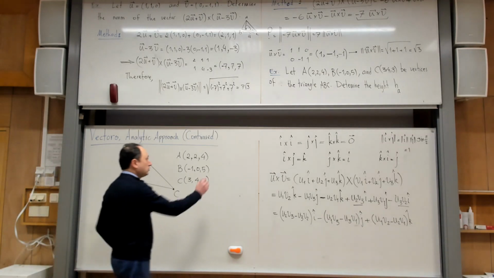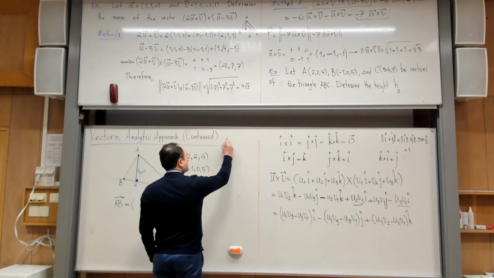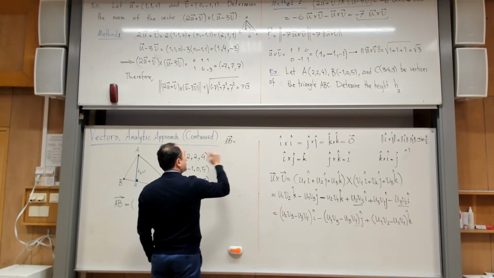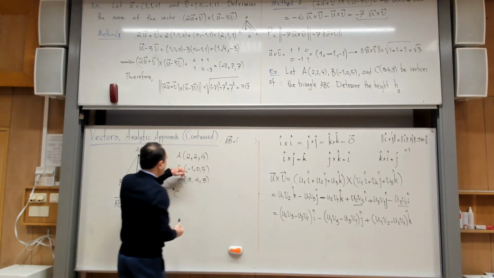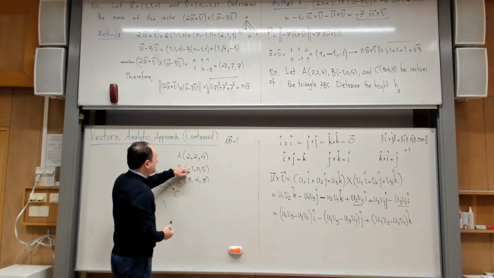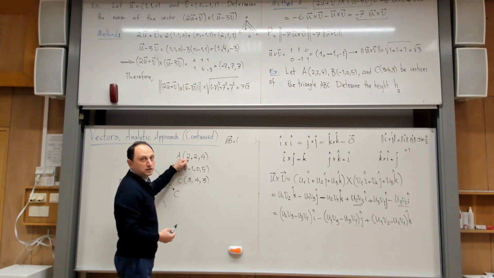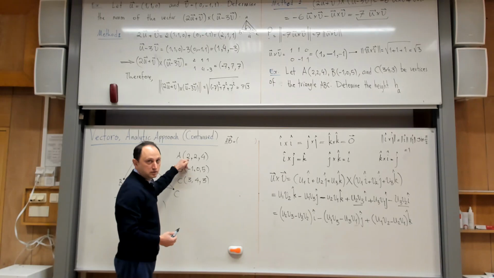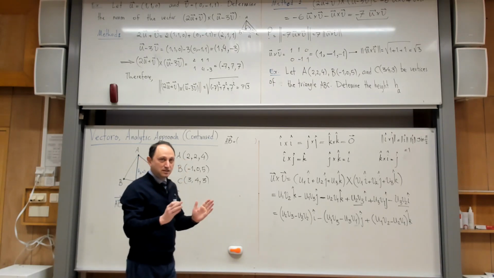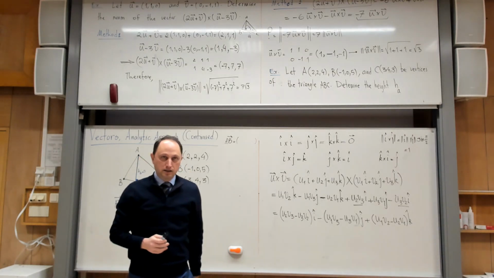Remember this. I told you that if you want to write a vector, you have to take the coordinates of the final point minus the coordinates of the initial point. That's not a distance, because components can be negative as well. Yes.